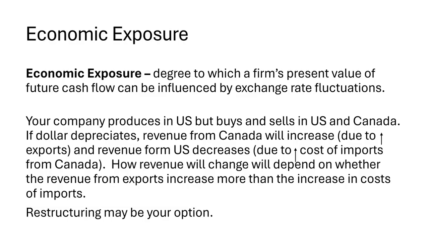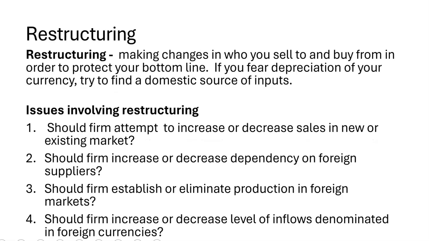So how do you deal with such economic exposure? That's where something we call restructuring would come in. Restructuring is simply defined as changing where you buy and sell in order to change your bottom line.